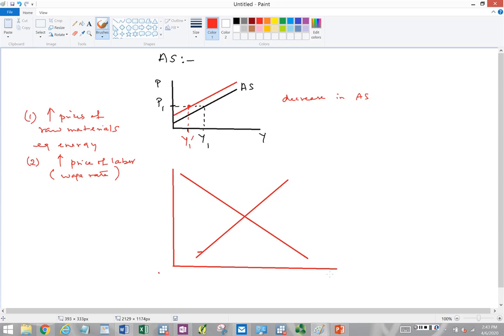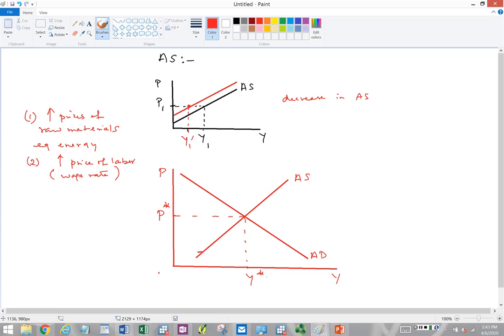So real GDP, the aggregate demand curve, the aggregate supply curve, the price level, and these are our P star and Y star.